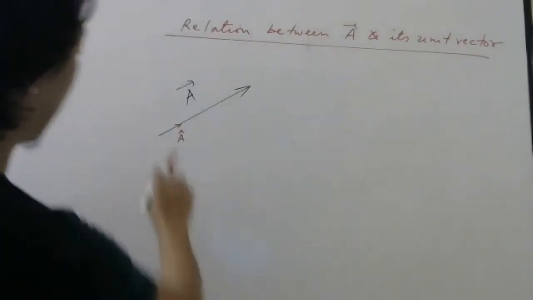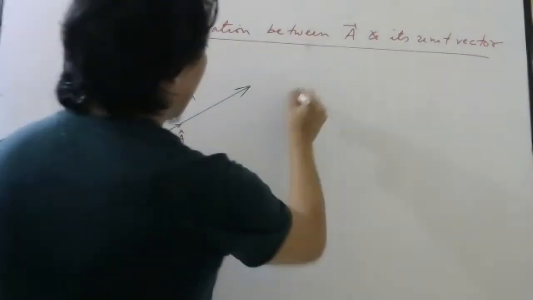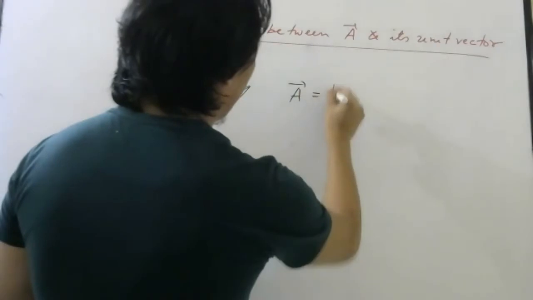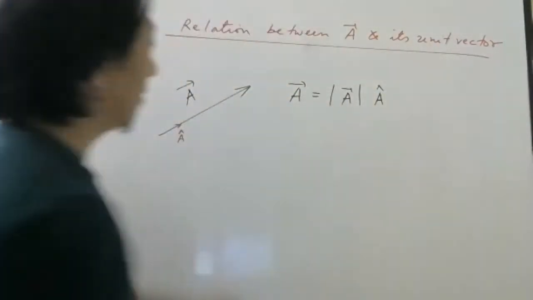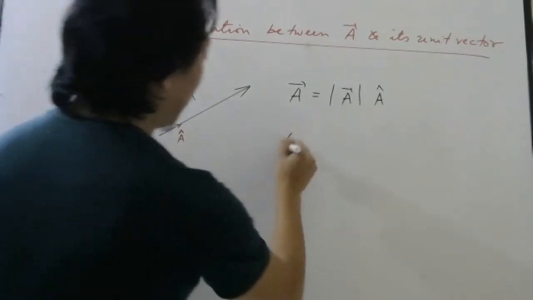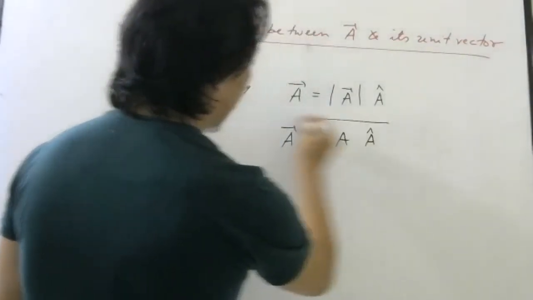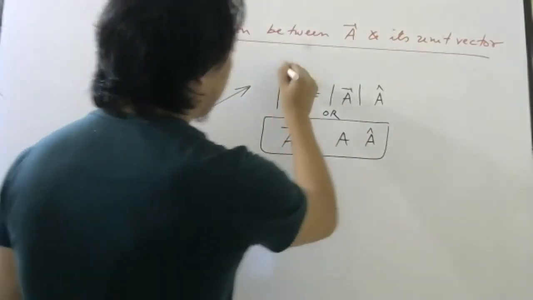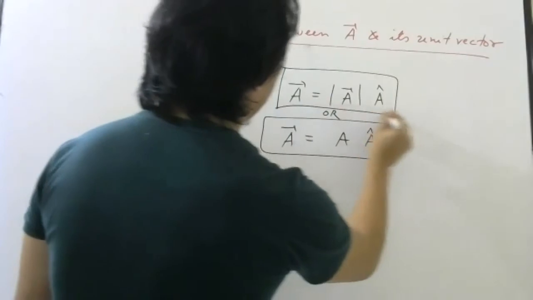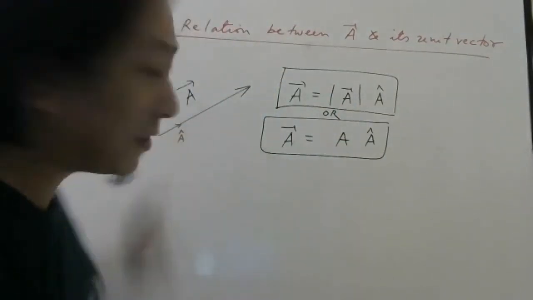Then the relation between these two is: A bar is mod of A bar times A cap. Mod of A bar means magnitude. So you can write it this way, or this way also. This is the relation between a vector and its unit vector.